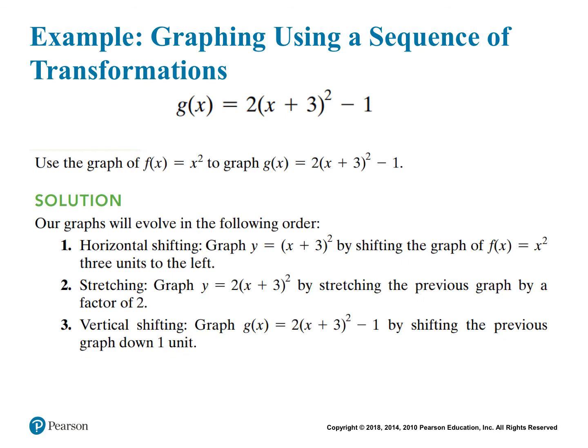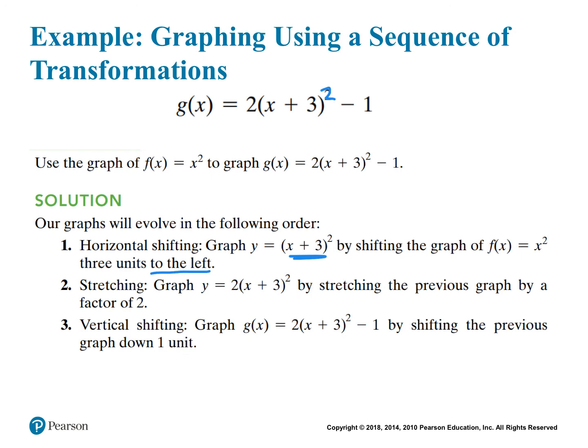Okay, we'll do one more series of transformations. This one has a 2 on the outside, a 3 on the inside, and then a -1 on the outside. And this is a squared formula, so it's a quadratic. Let's look at the parentheses first. Plus 3 means on the inside we're going to go backwards or to the left.